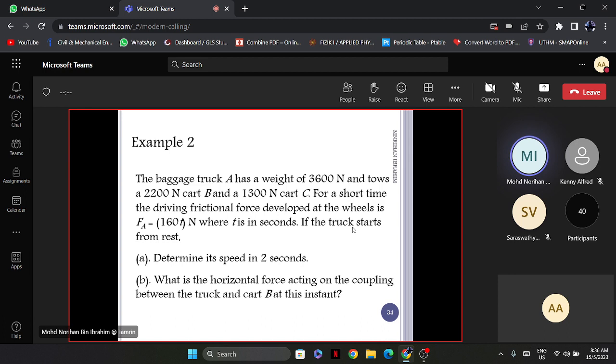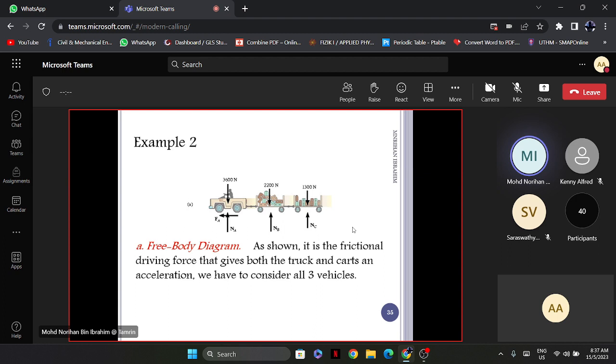So they ask you to find out its speed in 2 seconds, where it starts from rest. This baggage truck A tows two carts, cart B and also cart C. Here is the illustration, and if you look at this one, of course, as usual, the initial step is you need to come up with the free body diagram.